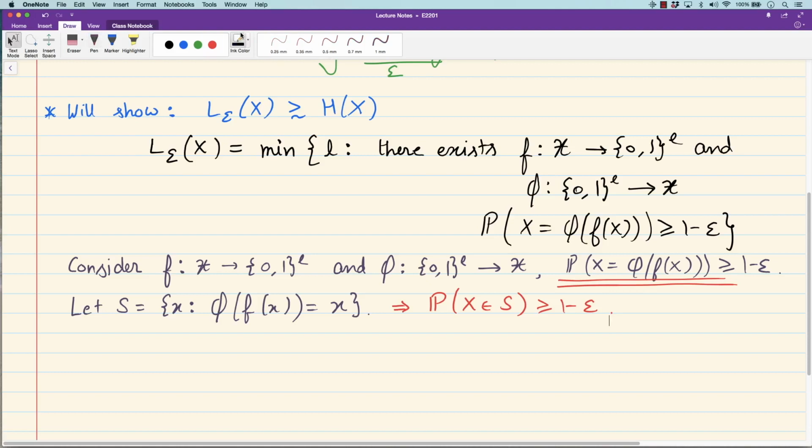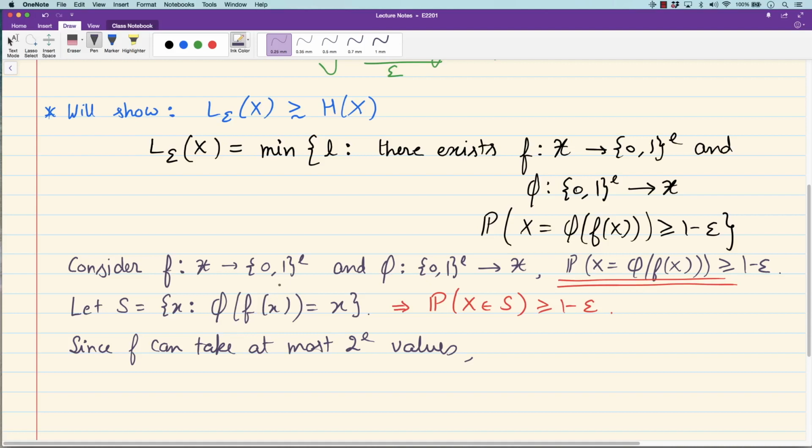Furthermore, we will now count the number of elements in S. Since f can take at most 2 to the power L values, and the elements x in S are actually phi of f of x, phi of f of x can take at most 2 to the power L values. It's a mapping of something, and this something can take at most 2 to the power L values.